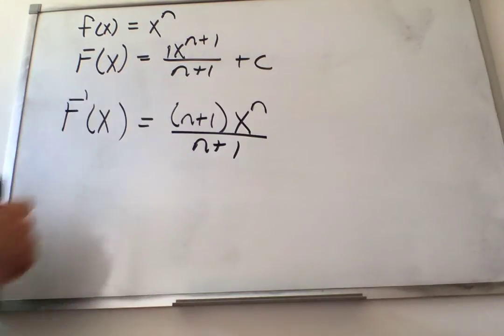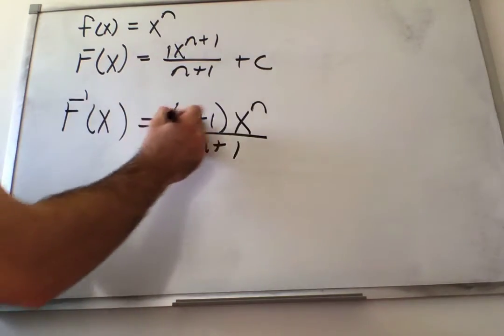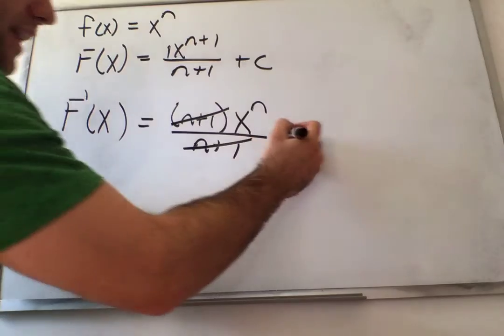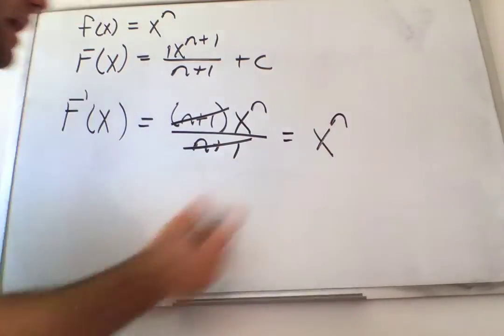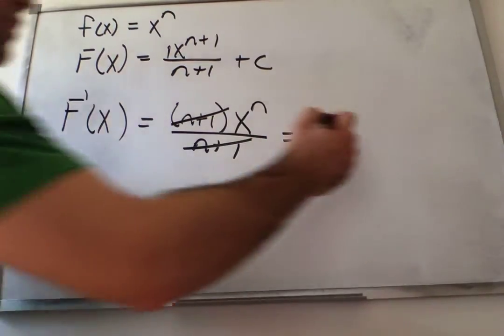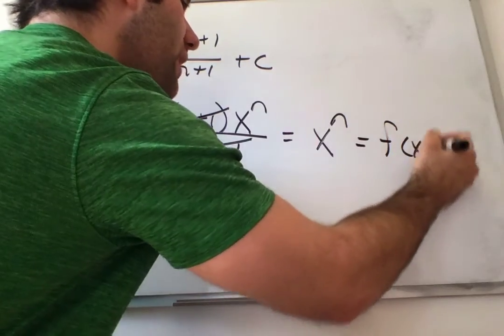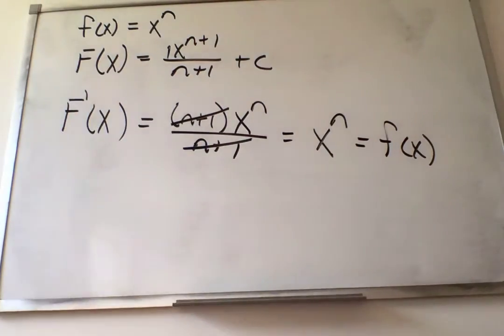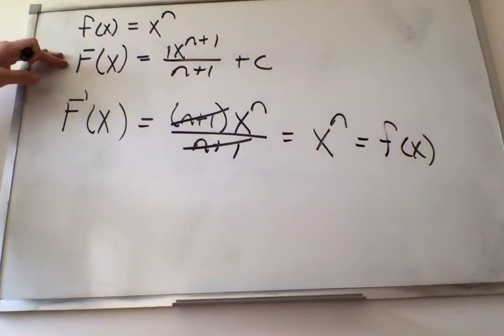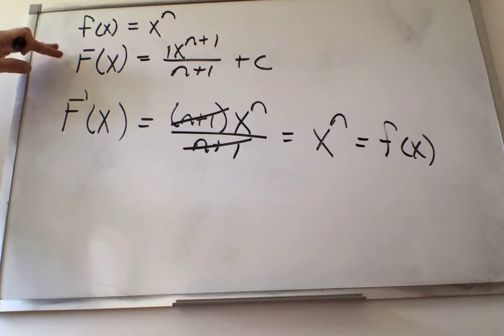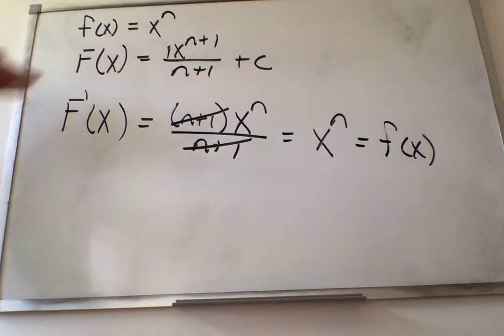The derivative of a constant is 0. This n plus 1 and this n plus 1 cancel. I get back x to the n, which is exactly what I started with. So I indeed have the antiderivative. This is the most general antiderivative of a power function, just like we had a most general form of a derivative of a power function.